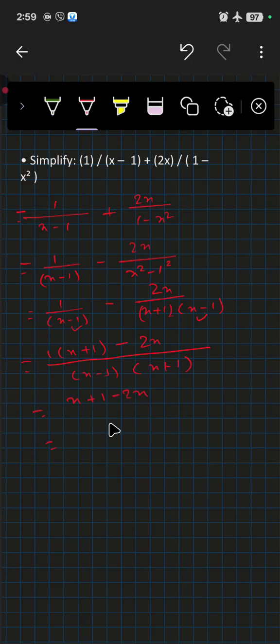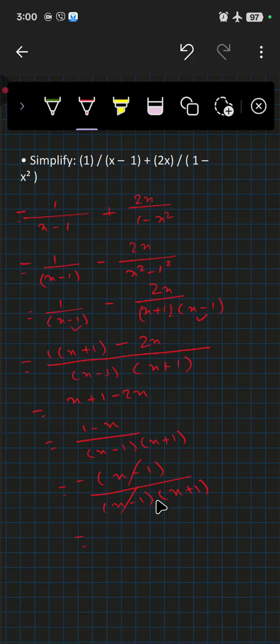As a result, what do we get here? 1 minus x. But under this, what is there? X minus 1, but it cannot be reduced. So what I'll do is I'll take minus as common, and it will become x minus 1 on the top, and down x minus 1, x plus 1. So here we go, x minus 1 is reduced.